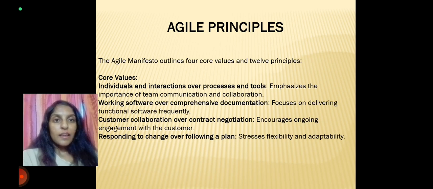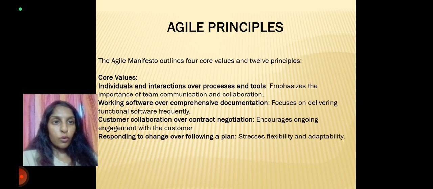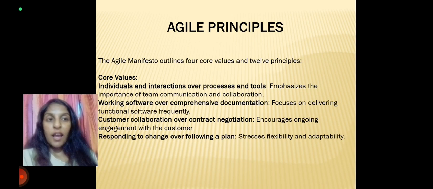The Agile Manifesto outlines four core values and 12 principles. First, let us see the core values. Firstly, individuals and interactions over processes and tools, which emphasizes the importance of team communication and collaboration.